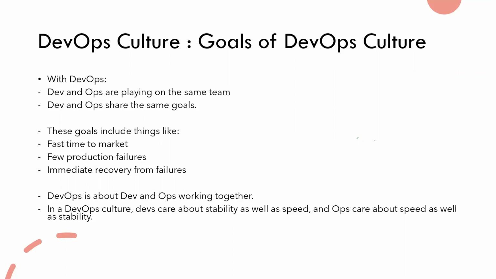There is no difference between the goals of the development and operation teams. They work in this culture together, and equally dev will care for stability as well as speed, whereas ops will care about speed as well as stability. So both of these things will happen parallelly.